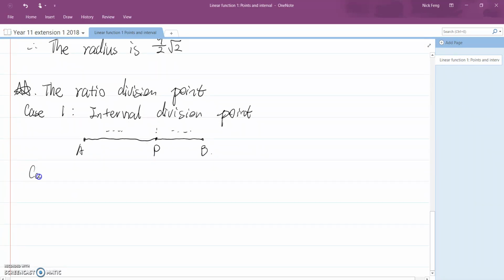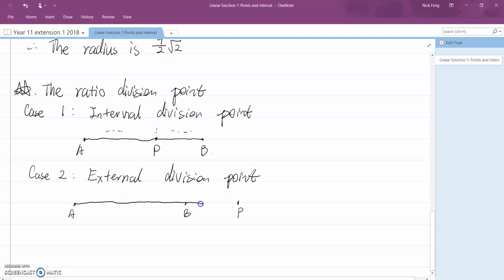The second case, on the other hand, is the external division point. In this case, your P can actually lie underneath or outside your given interval, which means AP is an A length, and BP is a B length.